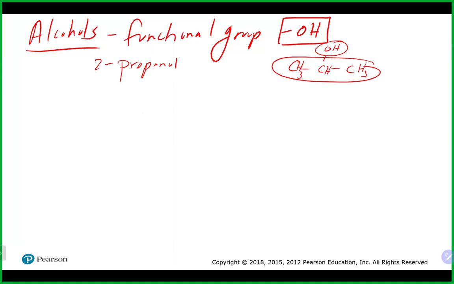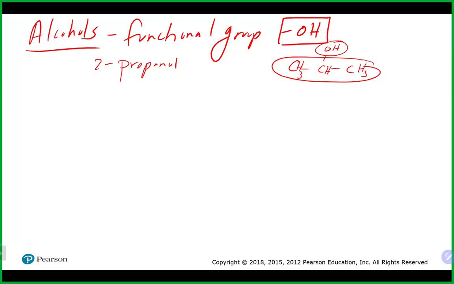Remember that it is the OH group here that takes the priority. You want to number the longest carbon chain to give that OH group the smallest number. Once you lock in that numbering for the OH group, every other thing that may be attached there is numbered accordingly as well.